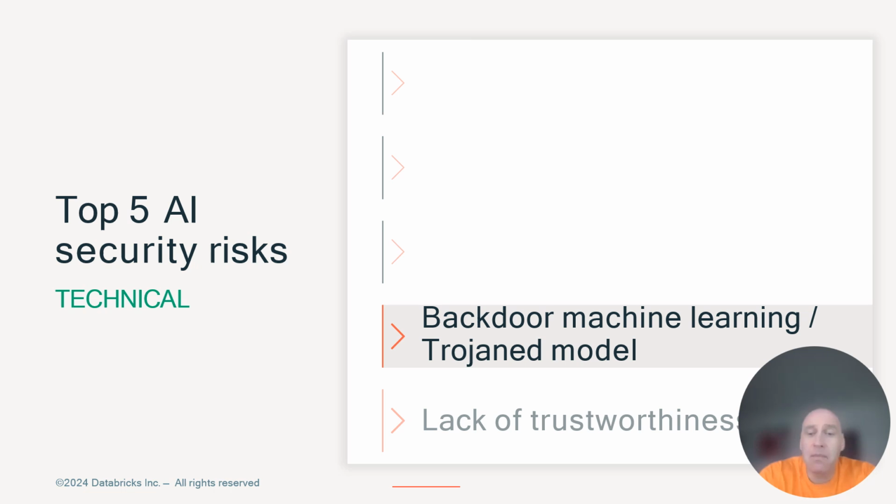But the problem is, some of these models have a backdoor in them. They have been modified either to steal your proprietary data, to skew the results, and things like that. A number of things can happen if you just drop an open source model into your production workload. So there are ways to mitigate those risks.